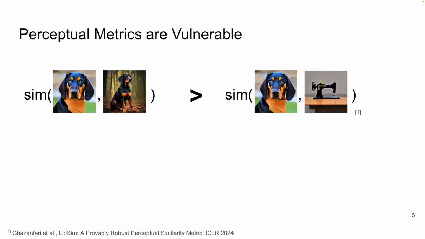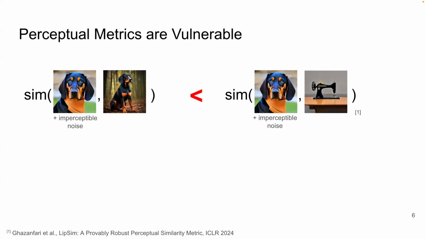However, it has been shown that similarity metrics are vulnerable to adversarial attacks. For example, here we have these two dogs, and the metric says these two dogs are more similar to each other than this one dog to the image of a sewing machine, which of course makes sense. But then we can add some imperceptible noise to one of the dog images, and the decision actually flips.